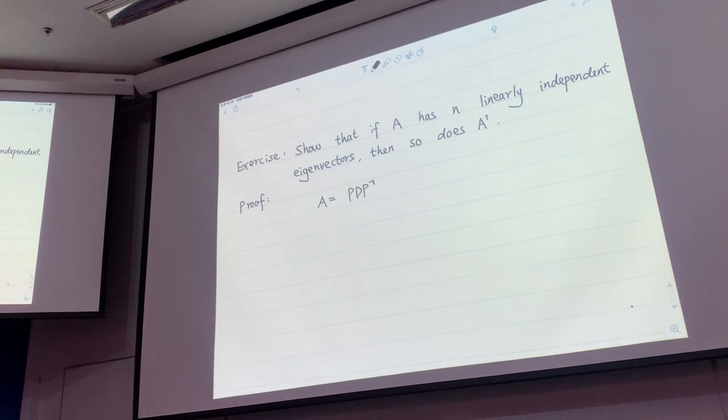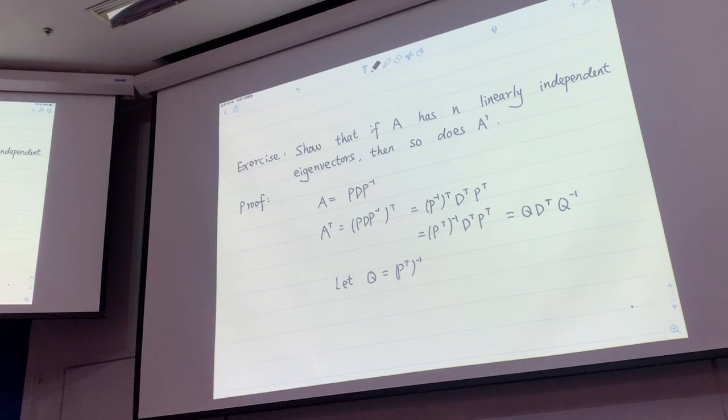Then A transpose equals (P D P inverse) transpose, which is equal to P inverse transpose, D transpose, P transpose, which is equal to P transpose inverse, D transpose, P transpose. Let an invertible matrix Q equal P transpose inverse, right? Then this is Q D transpose Q inverse. So this is diagonalizable. Clear?